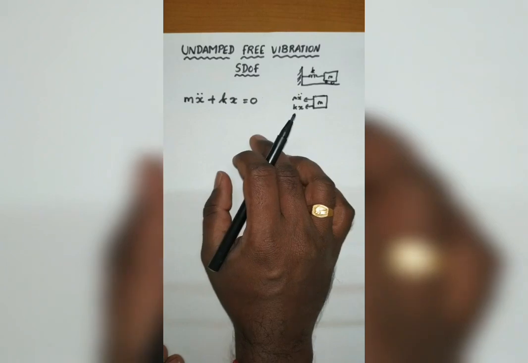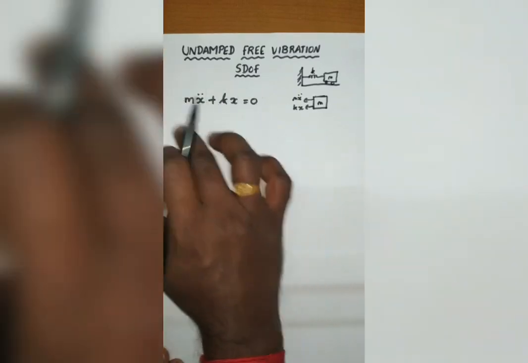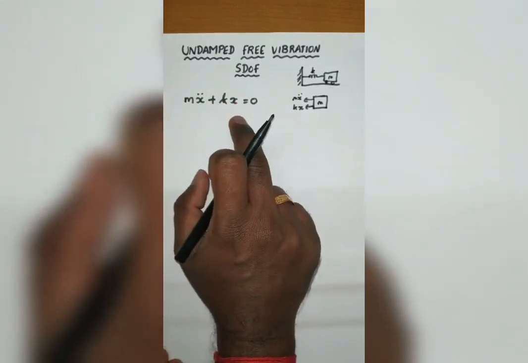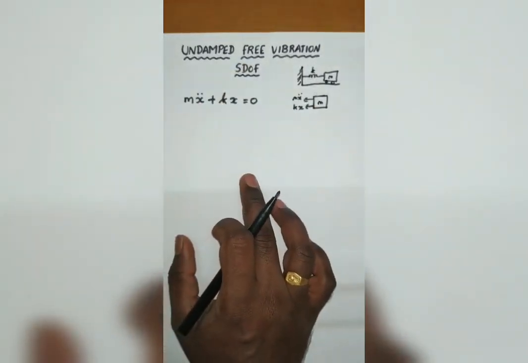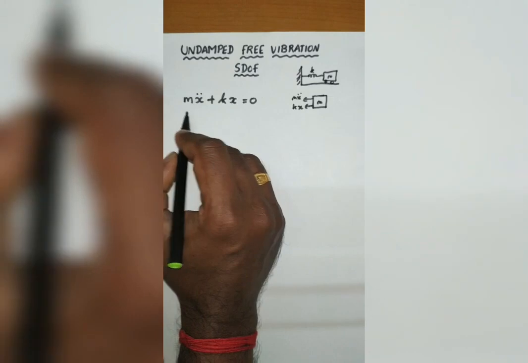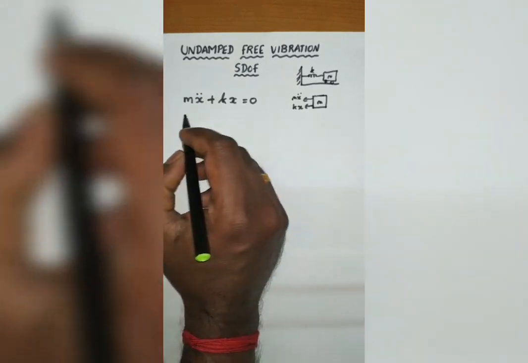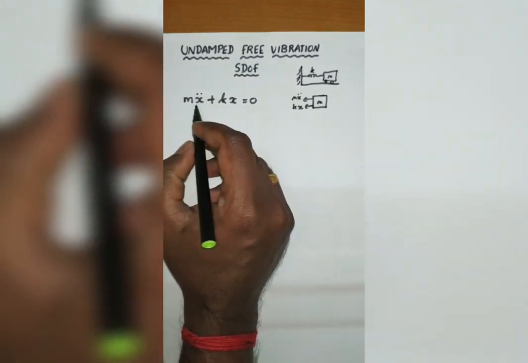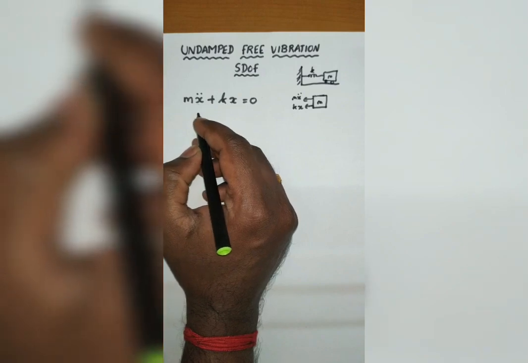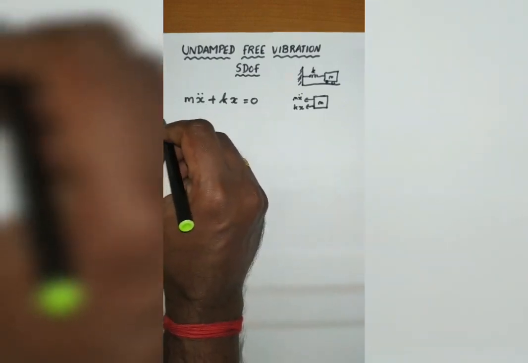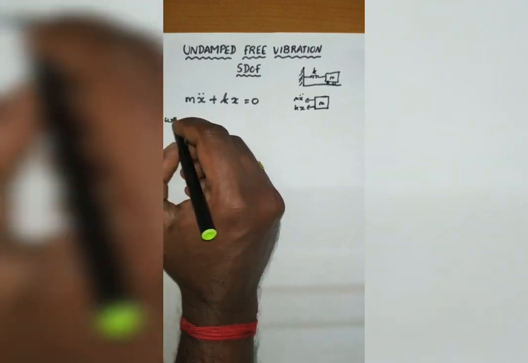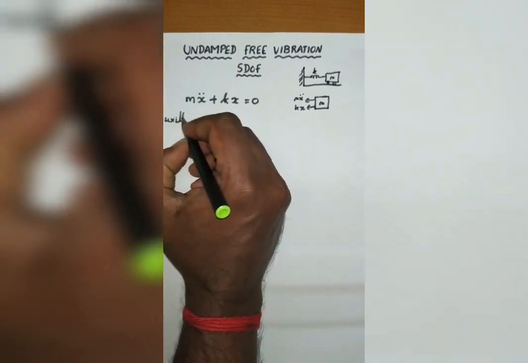Now we are going to solve this differential equation in order to get the solution for undamped free vibration. To solve this differential equation, which is of second order, we have to write the auxiliary equation. Hope you remember your school mathematics.